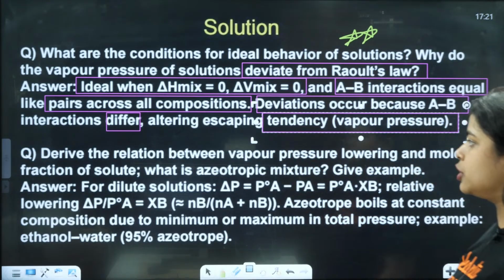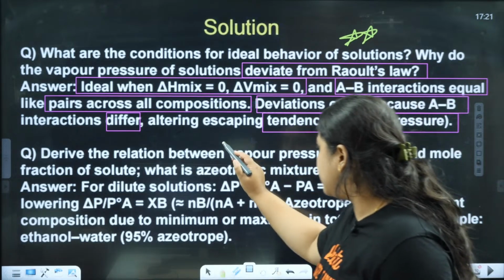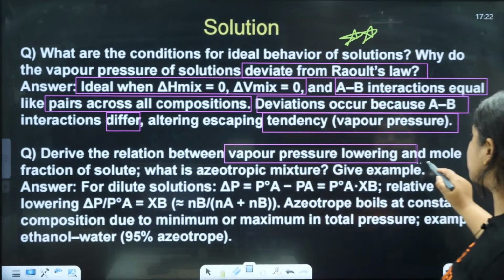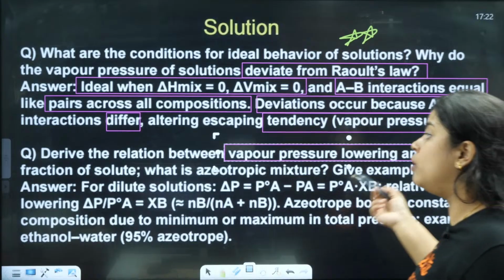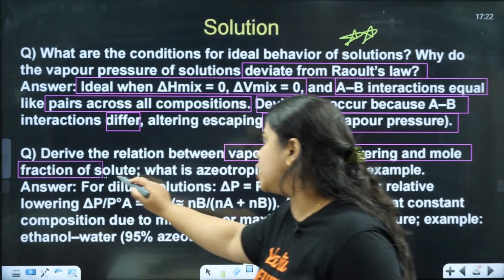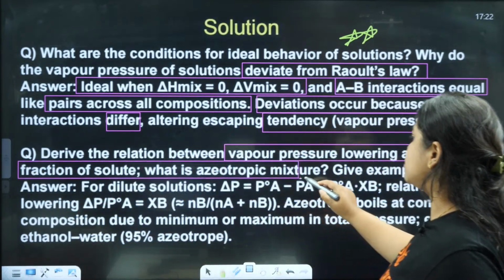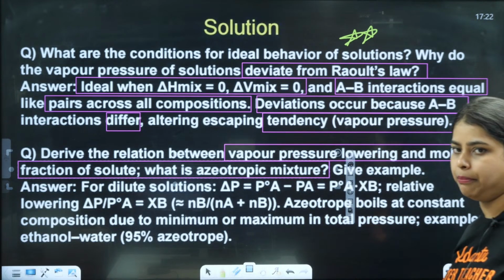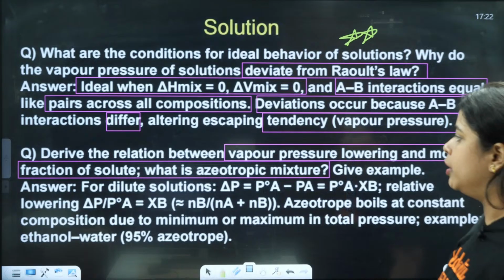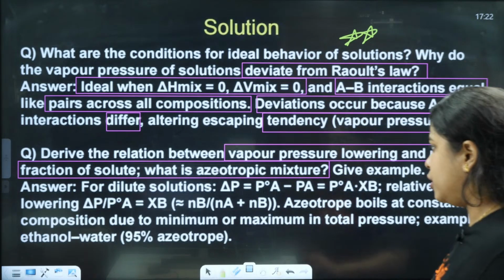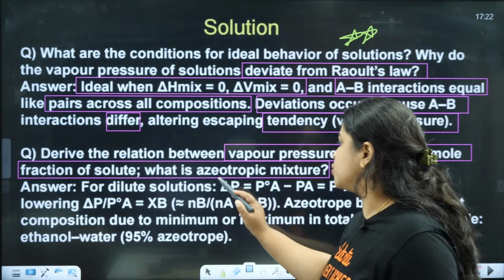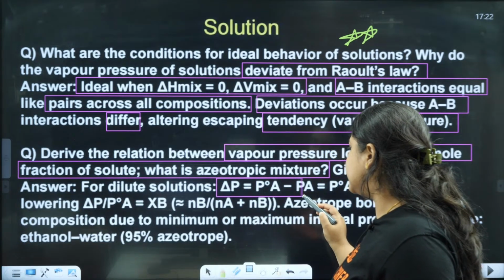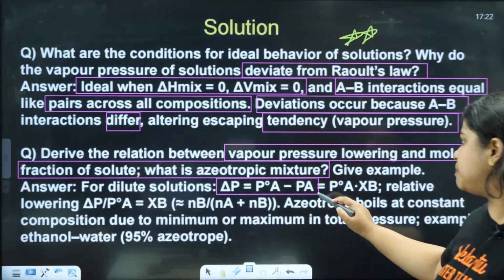Clear? Next question: derive the relationship between vapor pressure lowering and the mole fraction of a solute. What is an azeotropic mixture? Give an example. For a dilute solution, what will happen? Delta P is equal to P naught A minus PA.